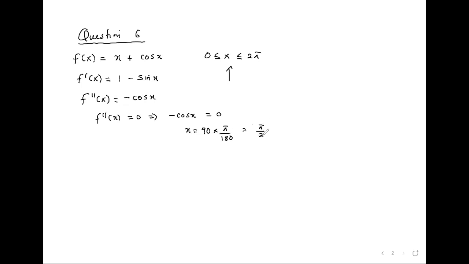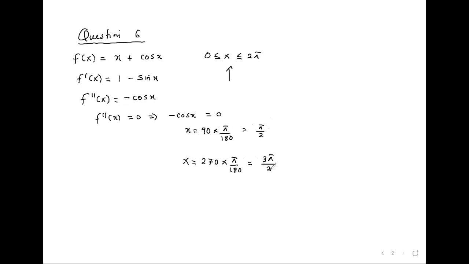I'm doing this deliberately so that in case you wanted to forget, we lock you here, no forgetting. The other one is at 270. 270 we can take to radians, so it will be 3 pi over 2.